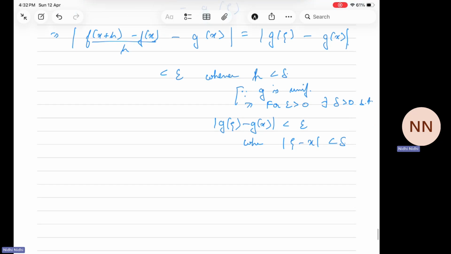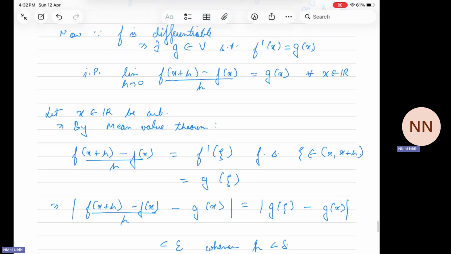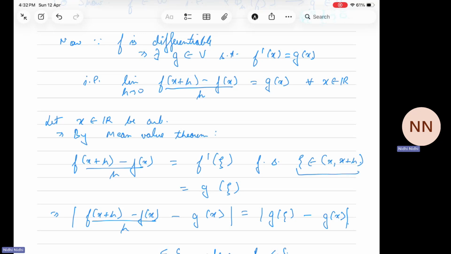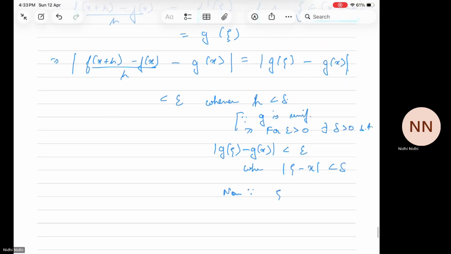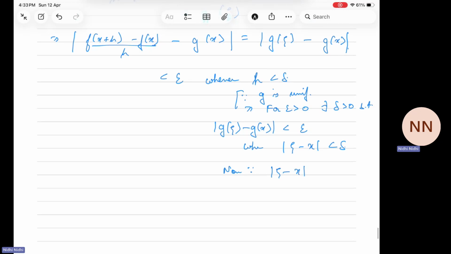Now xi was in x to x plus h, so mod xi minus x is less than h. So if h is less than delta, we get mod xi minus x less than delta, and hence mod g xi minus g x will be less than epsilon.